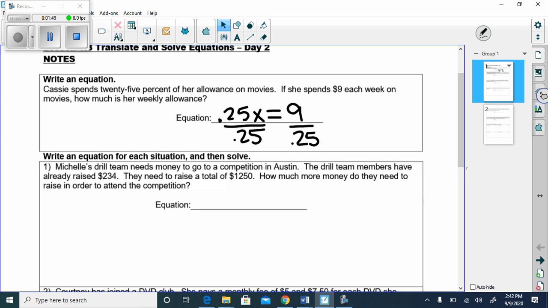Okay? And what is 9 divided by 0.25? 36. Good. So her weekly allowance is apparently 36 bucks. All right.